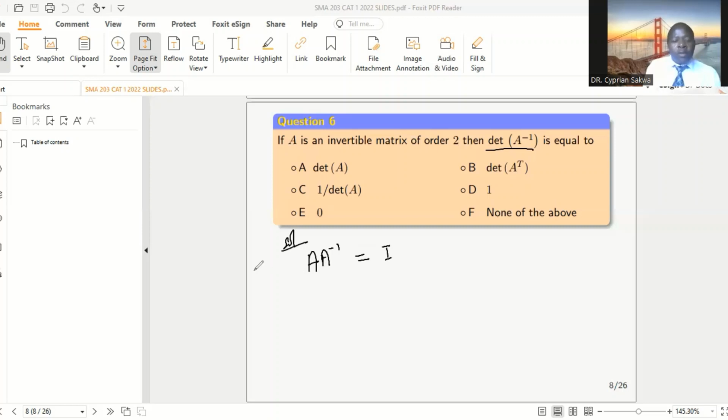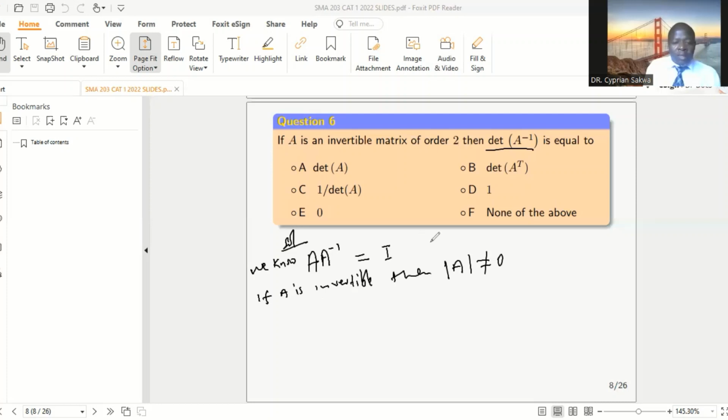We also know that if matrix A is invertible, then its determinant is not equal to 0.